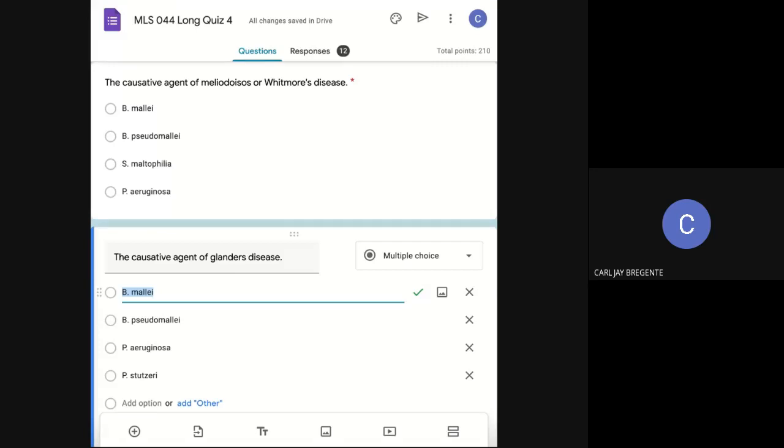So, glanders disease class is an infection that is rarely transmitted to humans. So, usually sa mga donkeys or sa mga horses na siya. Your Burkholderia mallei is not part of human indigenous microflora. So, this can be transmitted when there are mga abrasions or mga skin cuts. While your Pseudomallei or Burkholderia pseudomallei produces infections that can cause abscess class of your liver, spleen, or lungs.